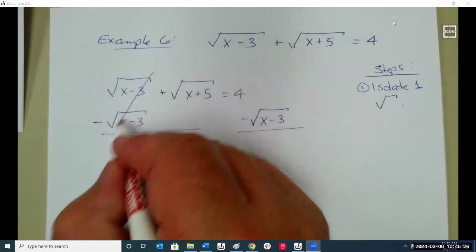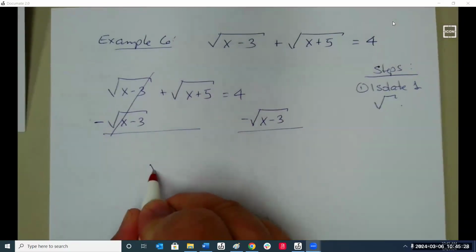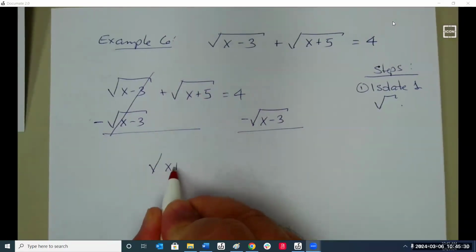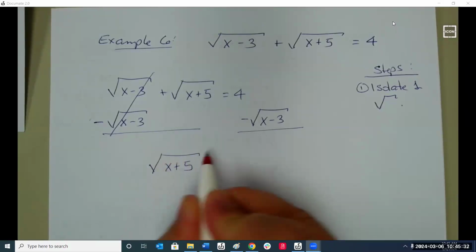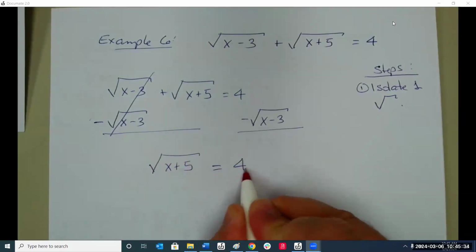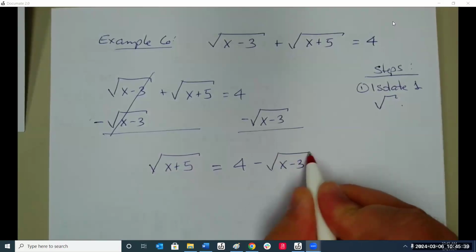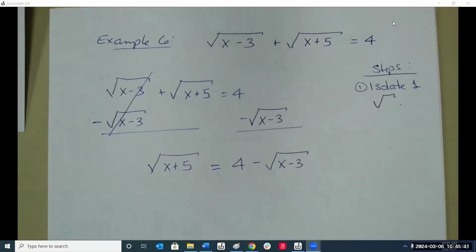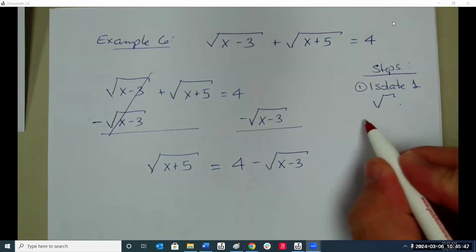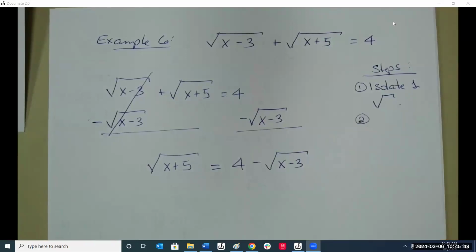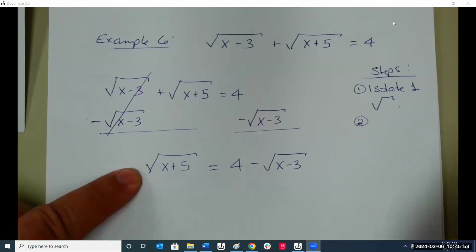So the radical x minus 3 disappears. So we have radical x plus 5 is equal to 4 minus radical x minus 3. Now what do we do? We have to get rid of the radical.